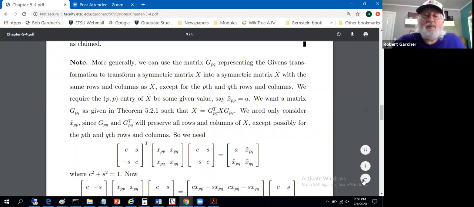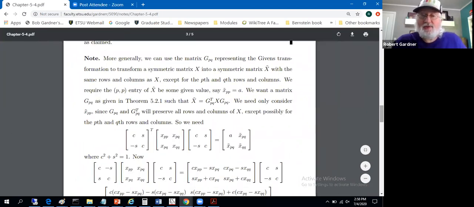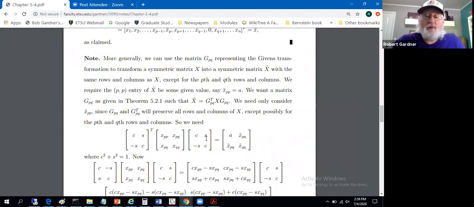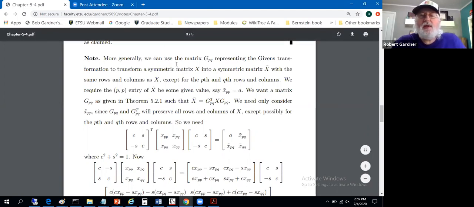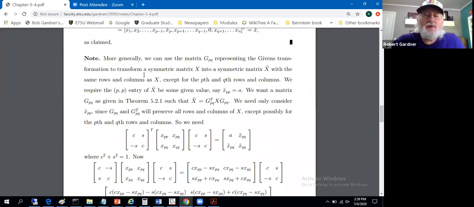We're now going to apply it not to a vector, but to a matrix. Here we only have to consider those 4 entries. But now we're going to generalize this and use matrix G sub PQ as given above, representing a Givens transformation, to transform a symmetric matrix X into a symmetric matrix X tilde with the same rows and columns as X. We saw that preservation of entries in a vector, so we can use that to give preservation of entries in rows and columns, except for the pth and qth rows and columns.